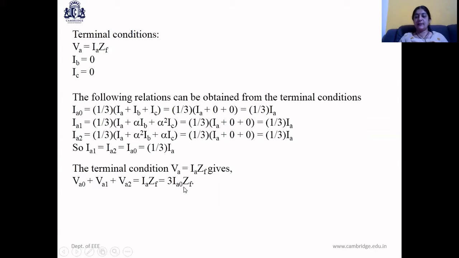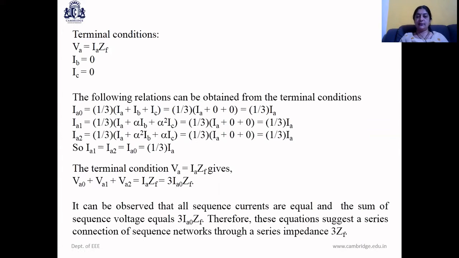This indicates that the current that is flowing through the three networks will now flow through an impedance which has a magnitude 3 times ZF. It can be observed that all the sequence currents are equal and the sum of the sequence voltages is 3 IA0 ZF. Therefore, these equations suggest a series connection of the networks through a series impedance 3 times ZF.